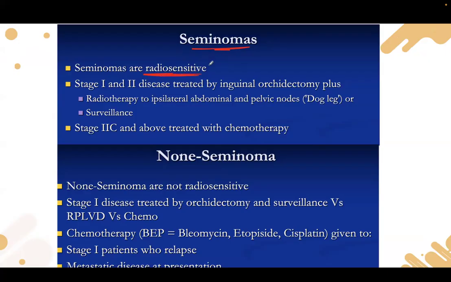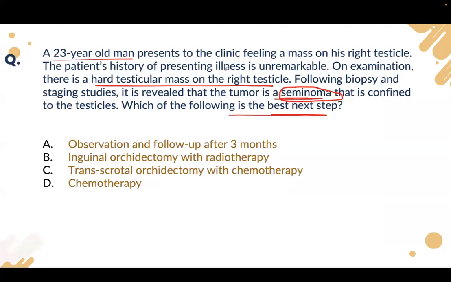So whenever you have a testicular mass that is proven to be seminoma, the management plan would be inguinal orchidectomy, which is the removal of the testicle with the mass, followed by radiotherapy. So the answer here would be B.